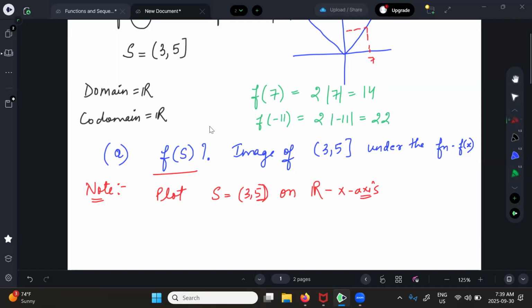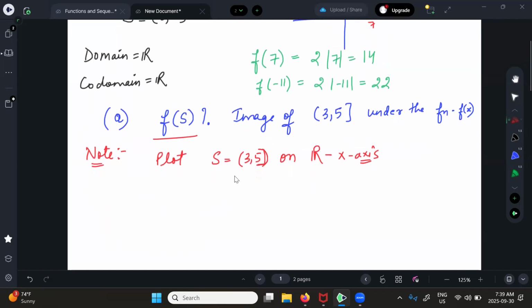So see what the possible outputs could be. You don't really have to draw the graph, it's just a visual, but it helps. So 3 and 5, I plot in here. 3 will be open, 5 will be closed, and I'm looking for all the values for this interval. What could be my possible output? That's all I'm looking for. Question clear?